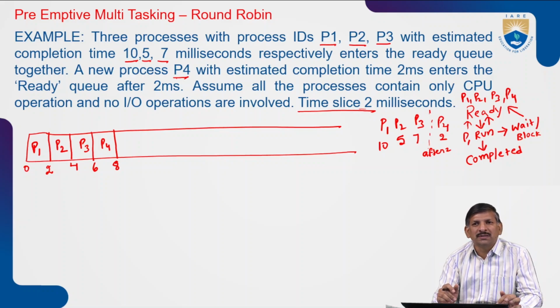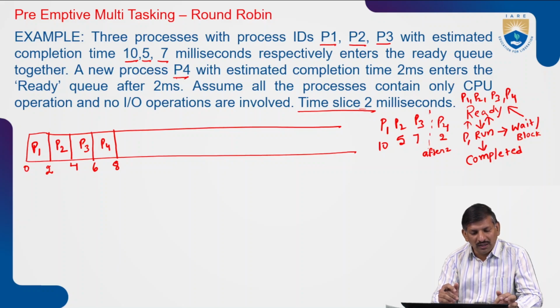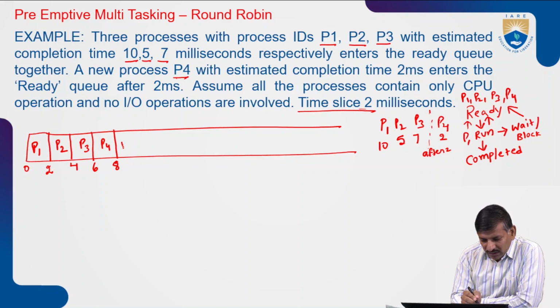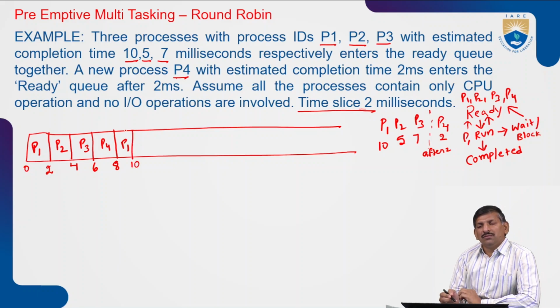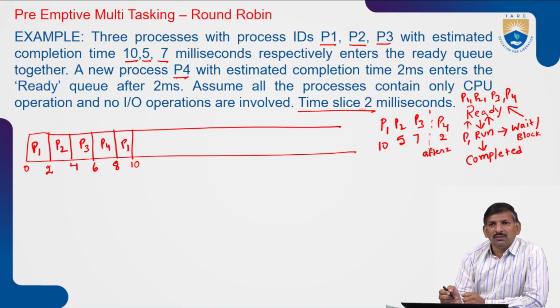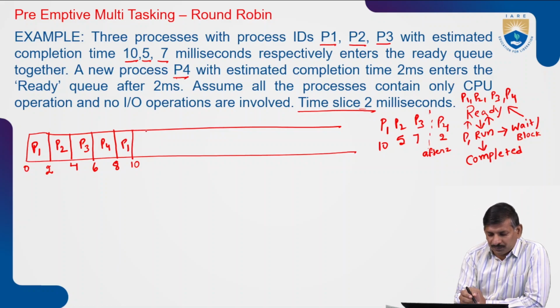What is the remaining execution time of P1? Already 2 milliseconds are completed, the remaining is 8 milliseconds. So again P1 is scheduled. Next, P2 enters the ready state again, since it was preempted.